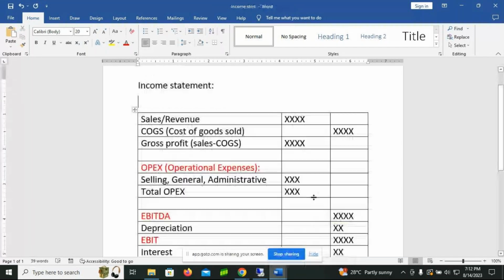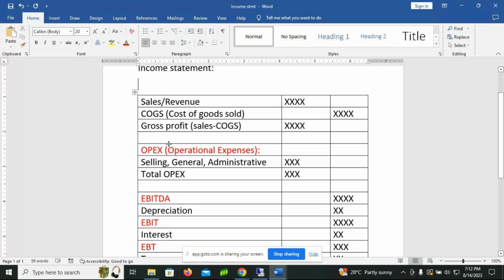So now when I'm talking about the income statements, that includes the purchase, where I'm purchasing the raw materials or anything, and when the sales is happening. When the sales is happening, the revenue is going to take place. Based on which I'm going to calculate the COGS, that is cost of goods sold. Sales minus COGS, I'm going to get the gross profit. Then I am going to calculate the operational expenses.